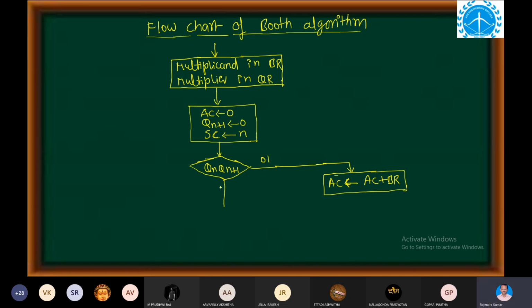Then if the bits are equal, that means 0, 0 or 1, 1, what I do is an arithmetic shift right of the accumulator and QR registers.